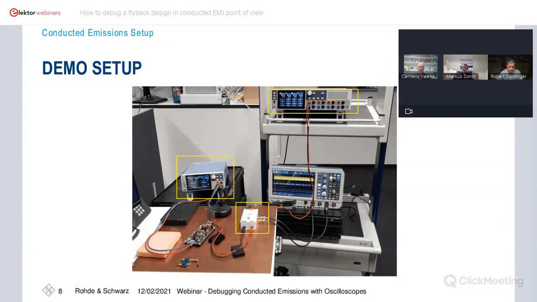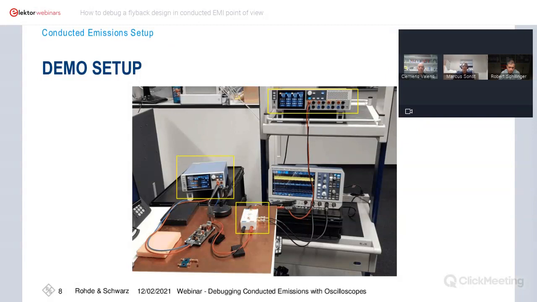measurements. So how does it look in real life? That was my setup. Hopefully you can identify the instruments. This is my RTB oscilloscope I used. On top of the picture here is the power supply unit, the DC LISN, the ground reference plane, which was a copper plane, and this device in the back was used as electronic load because I had to use somehow an electronic load for the flyback DUT here in the middle.